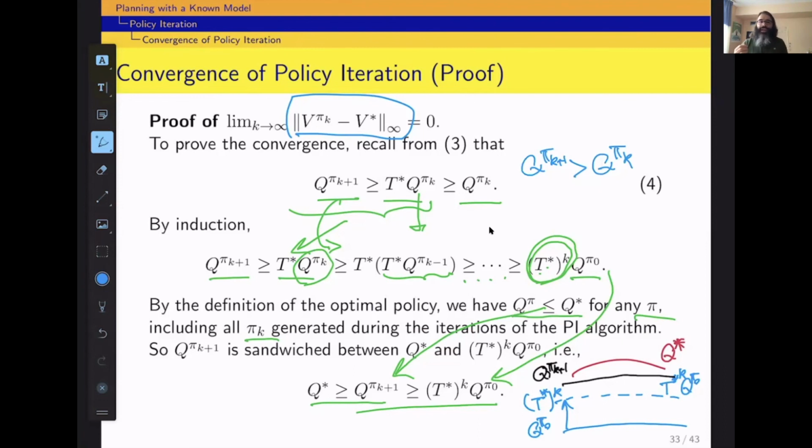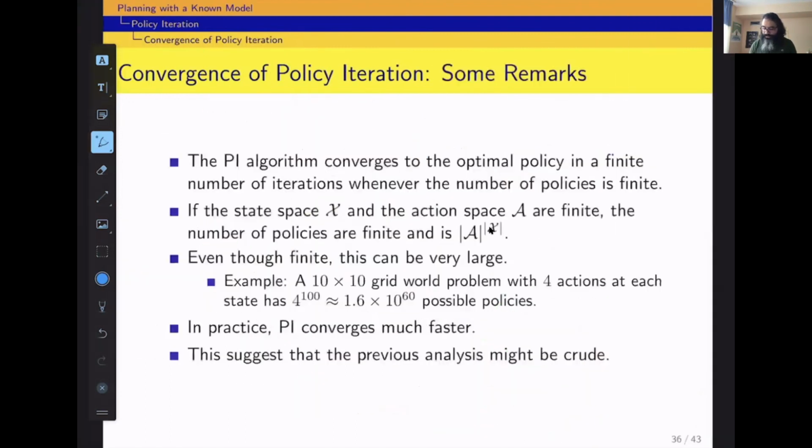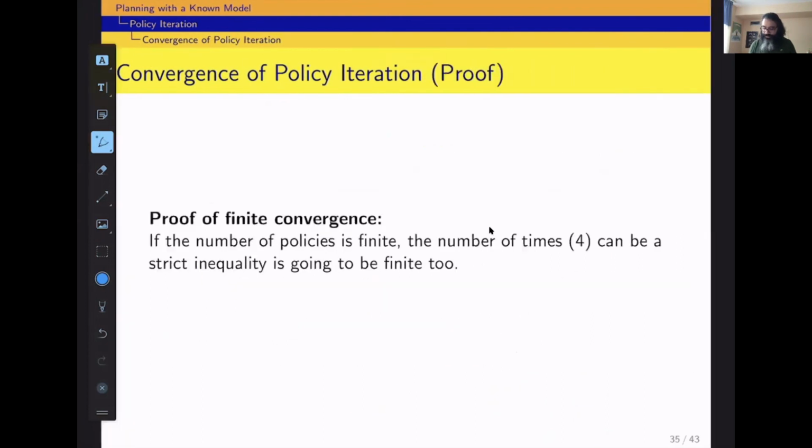At each iteration that we have a strict inequality, we consume one of the policies. And if we have a finite number of policies, then this number of iterations would be finite. Okay. So that's the end of the proof.